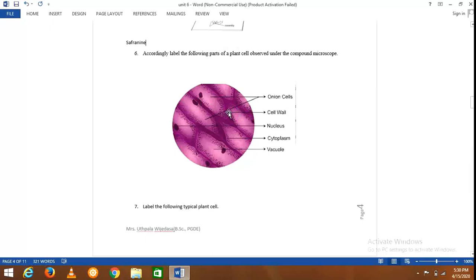So the cell wall is labeled, and this dark spot is the nucleus, and you can see the cytoplasm just inner to the cell membrane. And this large area which you can see in a light color or a pale color is the vacuole. So we'll discuss these parts in detail.